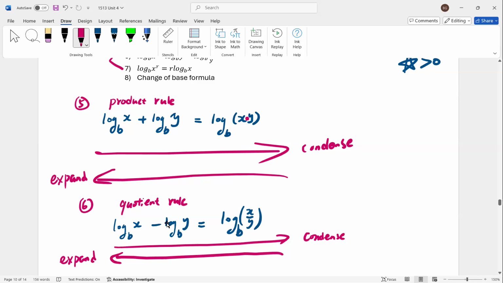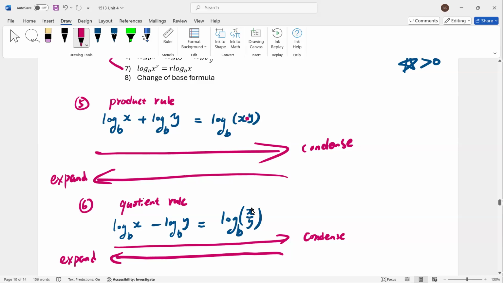That's from left to the right. If we need to subtract two logs with the same base, the result is going to be one single log, and the argument is going to be x over y. From right to the left, sometimes we are required to expand a log. How do we use this rule to expand? We look at the argument.